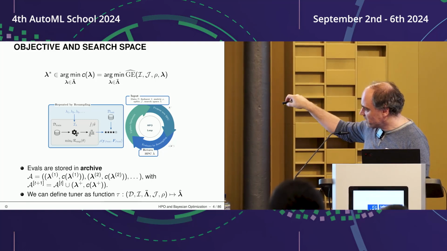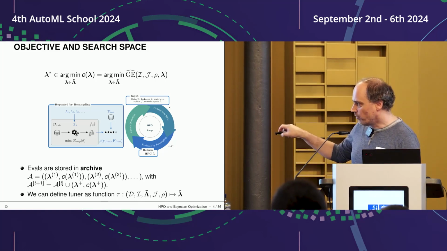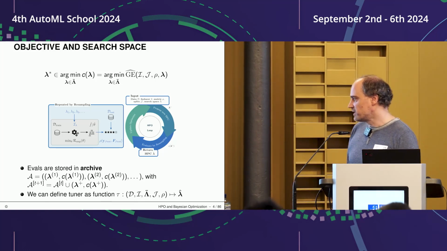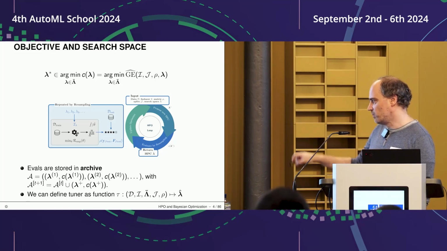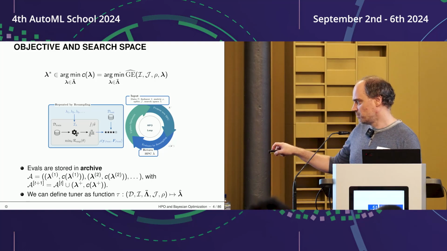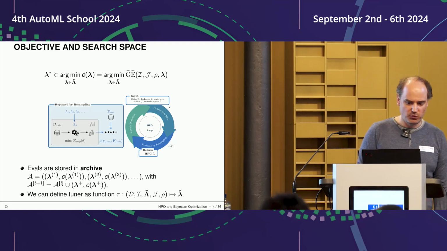We evaluate that by some form of resampling, and then we update our optimizer. Along the way, because everything here is expensive and is also used by our optimizer, our evaluations are stored in an archive, where we have our configurations together with their associated performance values.